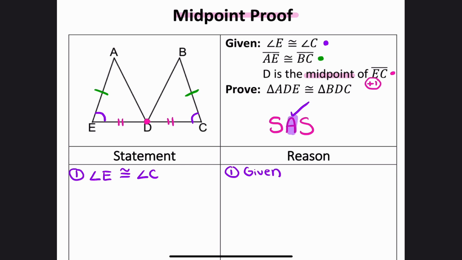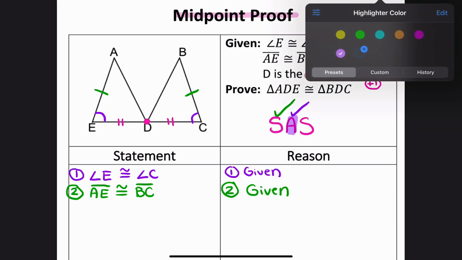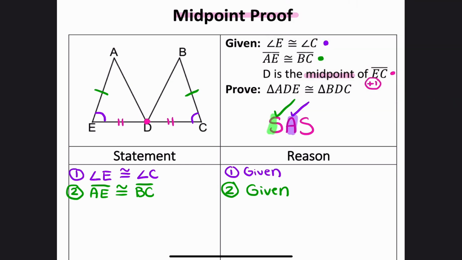All right, given number 2. It says that AE is congruent to BC. And the reason for that is given. Now that's beautiful too, because that gave me a side. So now I see, let me get some green highlighter in here. I see that this side is done.